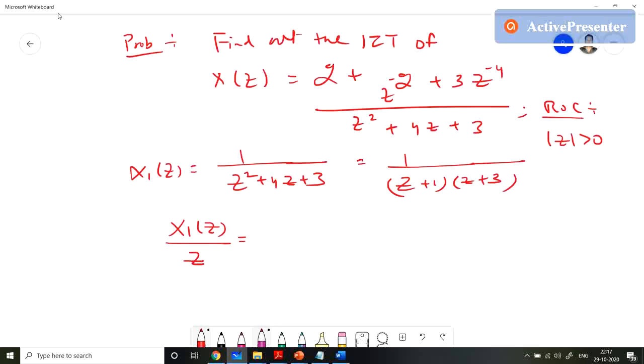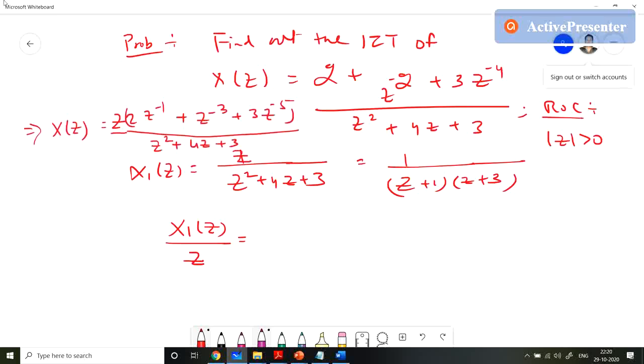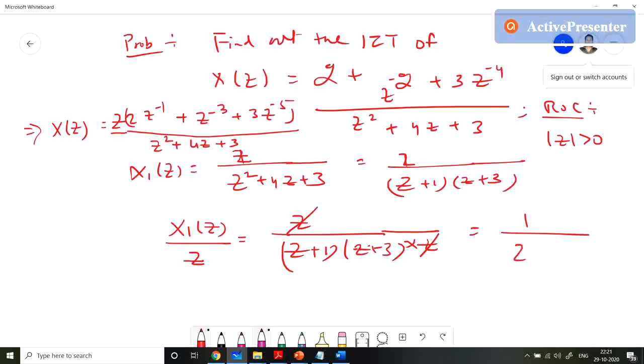X1(z) divided by z is written as z divided by (z plus 1)(z plus 3) into z. Here the z will cancel out, so it is equal to 1 divided by (z plus 1)(z plus 3). This is X1(z) divided by z.